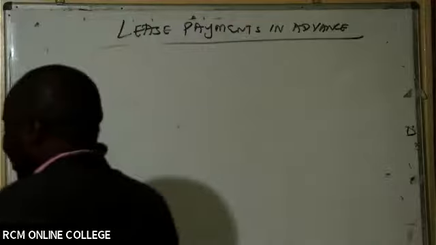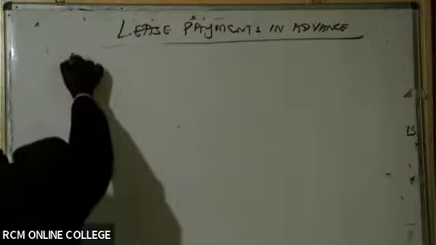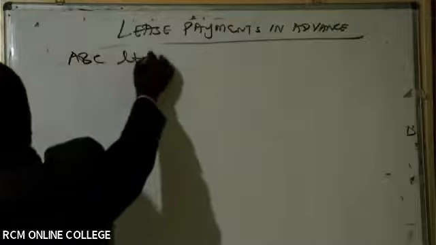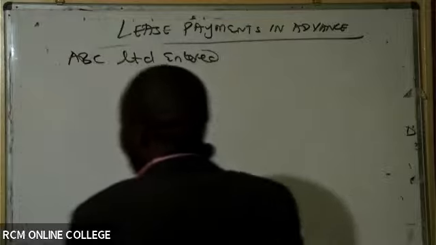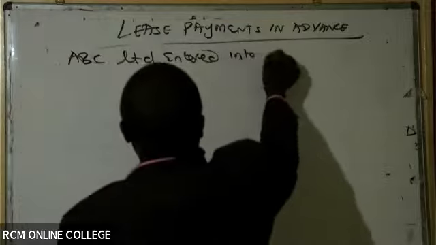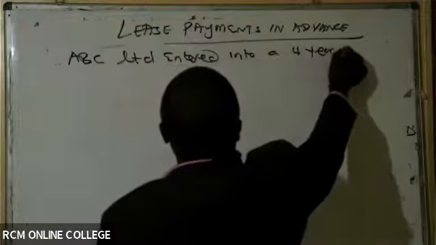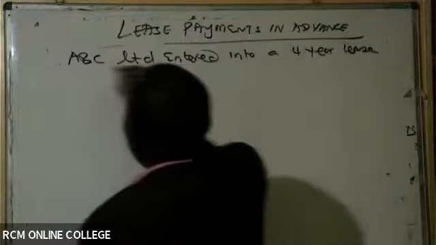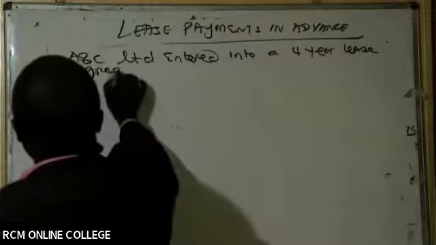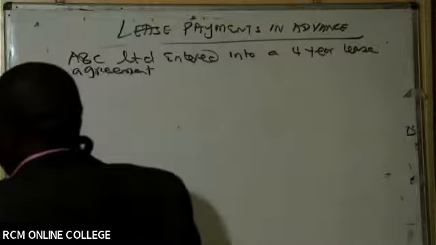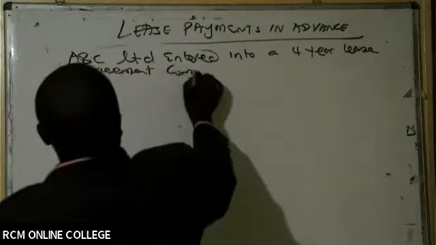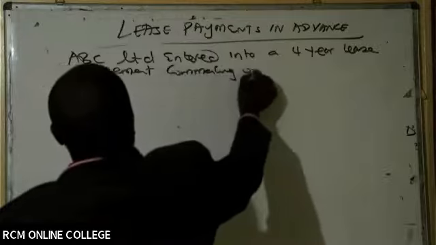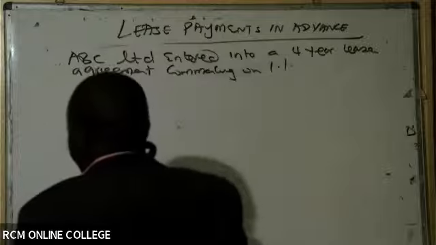So we are told here, ABC Limited entered into a 4-year lease agreement commencing on 1st January 2019.